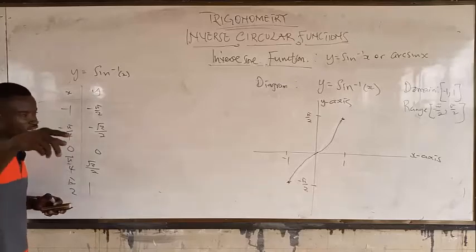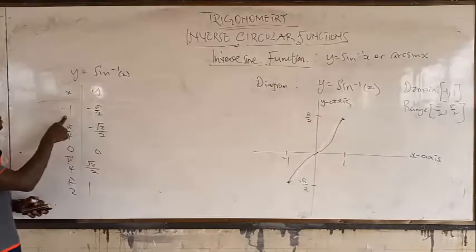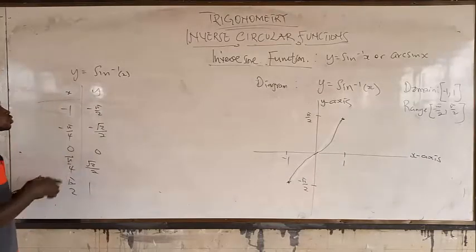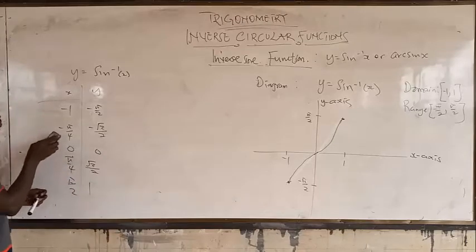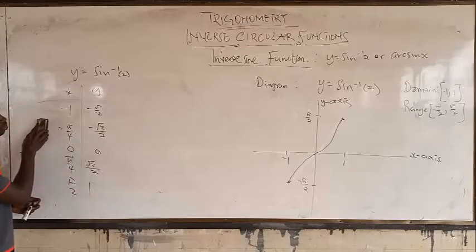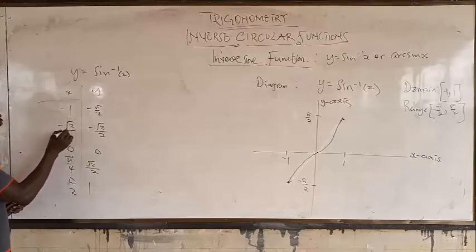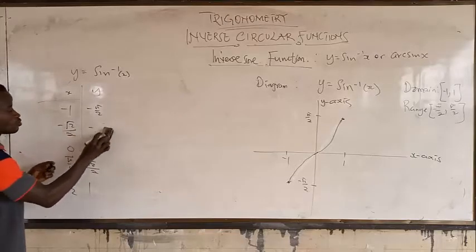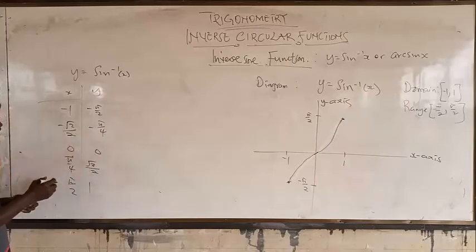If you like, try and see. Try to punch sin inverse of negative 1, you get negative pi on 2 to be the y value or the output. And here also, here will now be negative square root of 2 over 2, and here will become negative pi on 4 right now. Here 0, 0, the same thing.